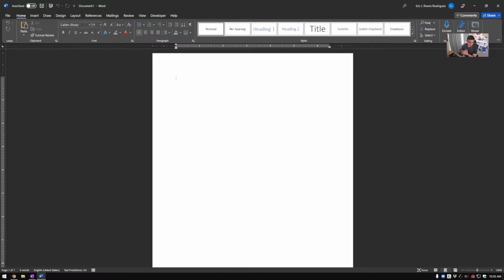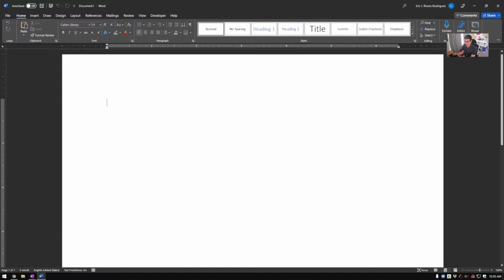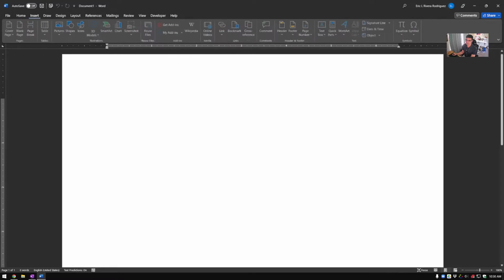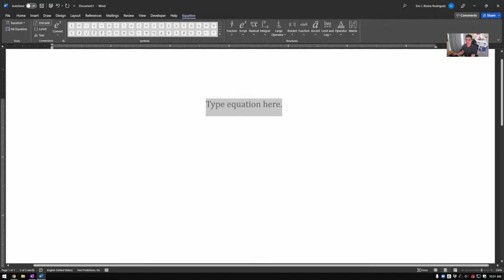All right. What else do we have here? So this is Word. How do I write math in class? In Word, I click on Insert, and I click on Equation, and then I start seeing this box here.